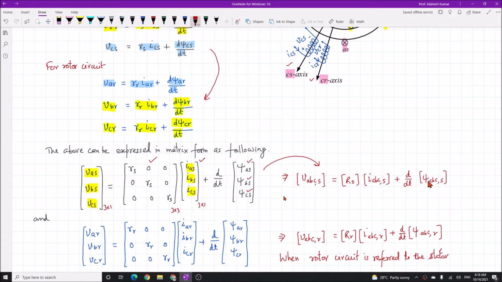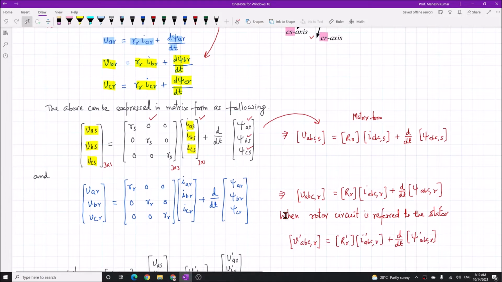D by dt of psi ABCS, this is the psi A, psi B, psi C, and d by dt of that. So this is actually in matrix form. And this simple equation represents all these in one shot. Similarly, we can express for the rotor without much difficulty.